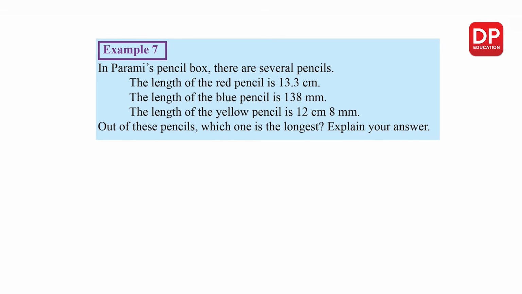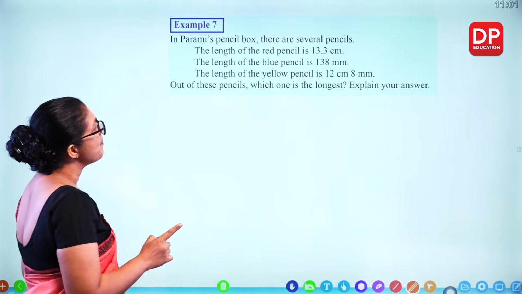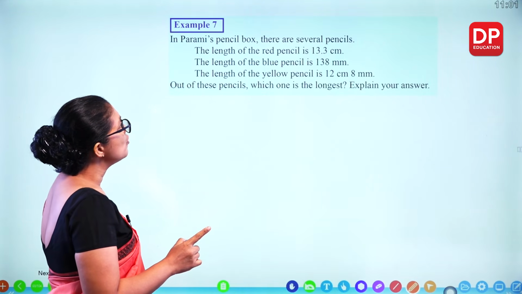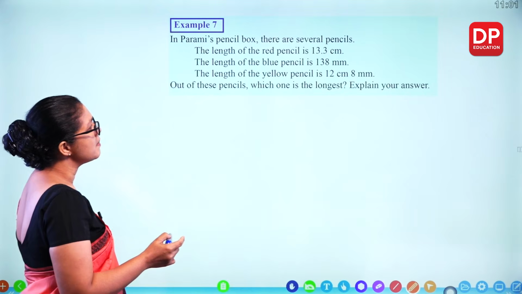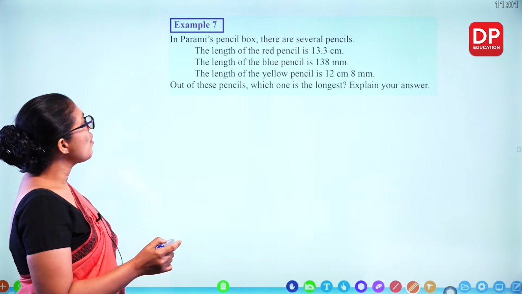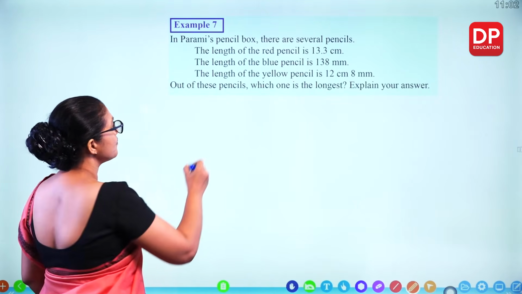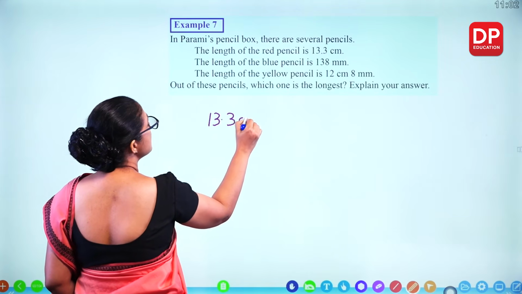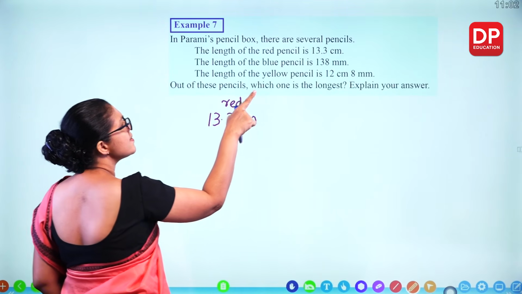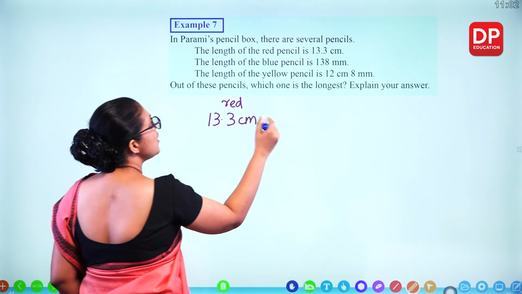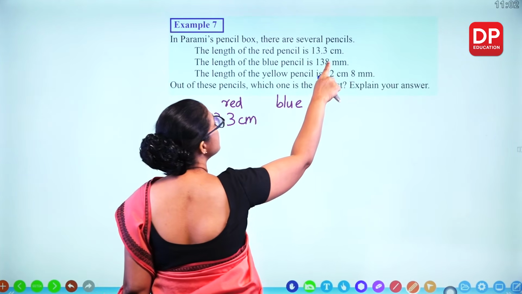Example number 7. In Parami's pencil box, there are several pencils. The length of the red pencil is 13.3 centimeters. The length of the blue pencil is 138 millimeters. The length of the yellow pencil is 12 centimeters and 8 millimeters. Out of these pencils, which one is the longest? Explain your answer. So 13.3 centimeters, that's the red one. The blue one is in millimeters. How can you convert to centimeters? You divide by 10.